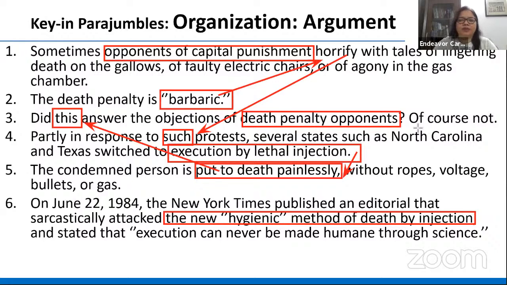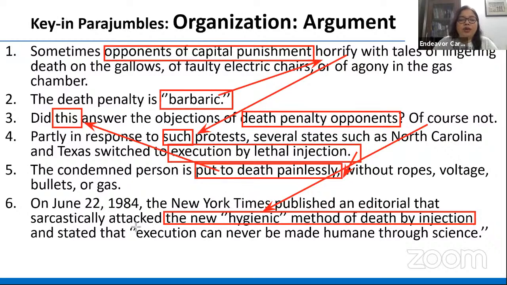Why of course not? Because the New York Times published an editorial which attacked the new hygienic method of death by injection and stated that execution can never be made humane through science. So what does sentence 6 mean? That they came up with a method of painless death, but they were not satisfied. The death penalty opponents were not satisfied with that, because they said that it's not about painless death.